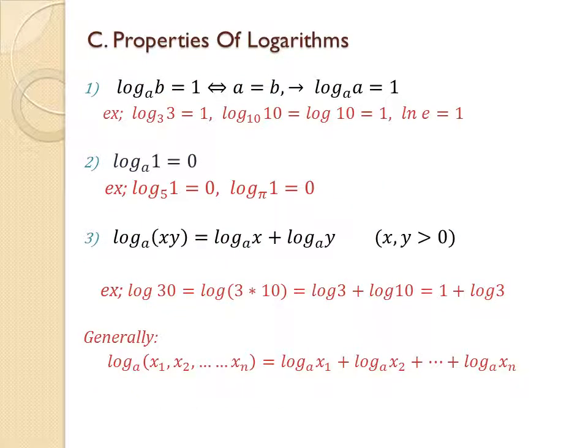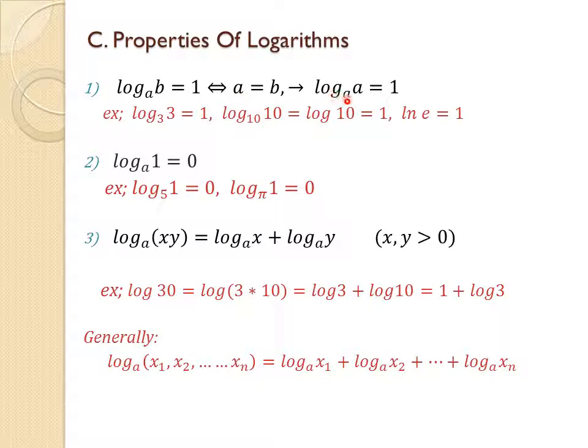Properties of logarithms. First property says that if I have the argument and the base, if both are equal, then directly the value of the logarithm is 1. This happens if and only if the argument and the base are equal.